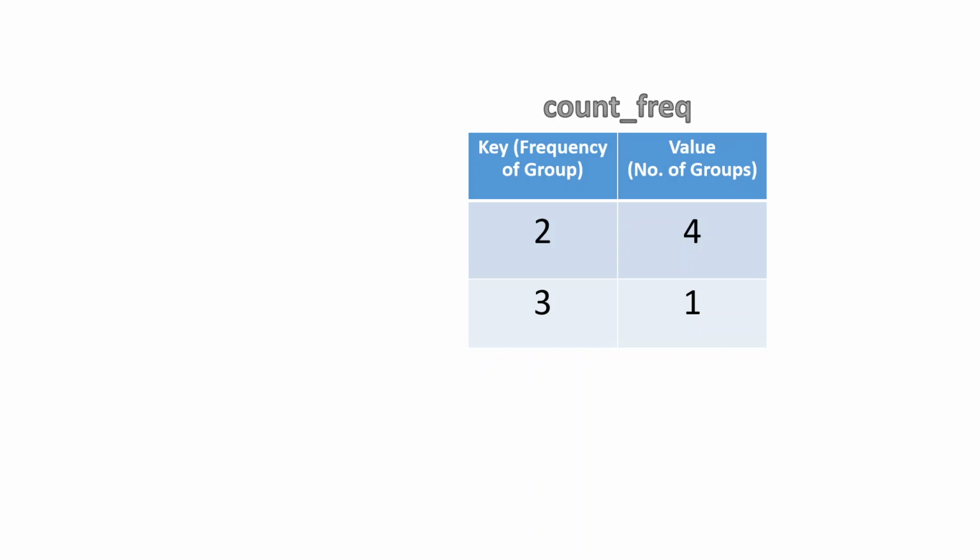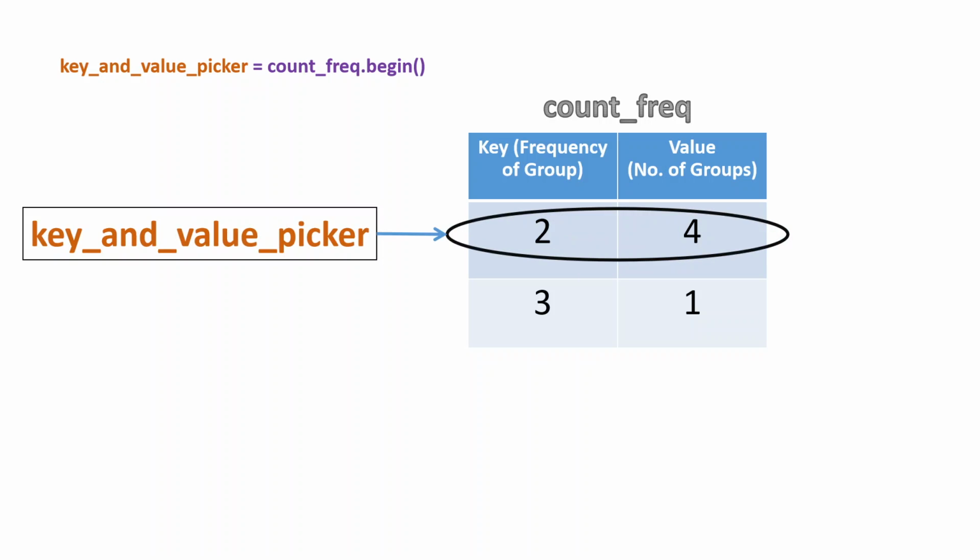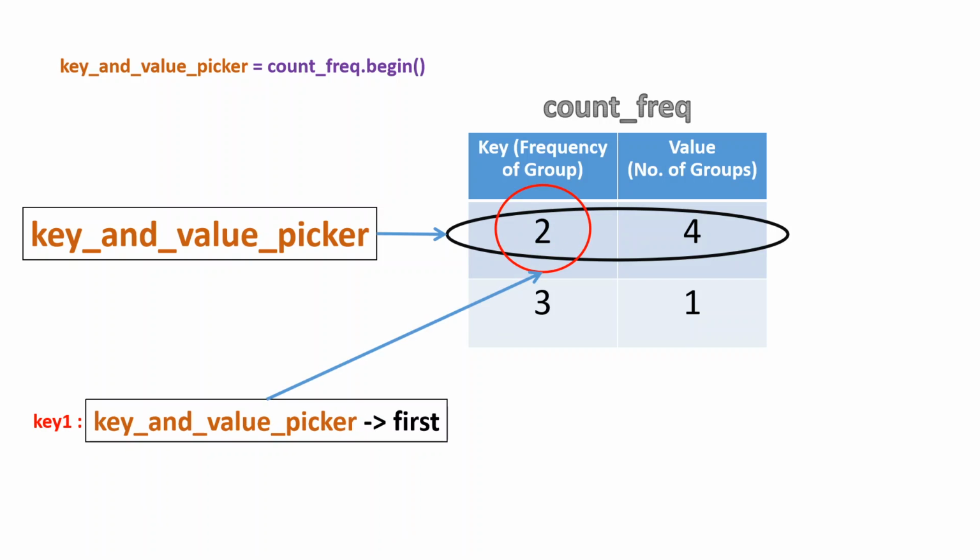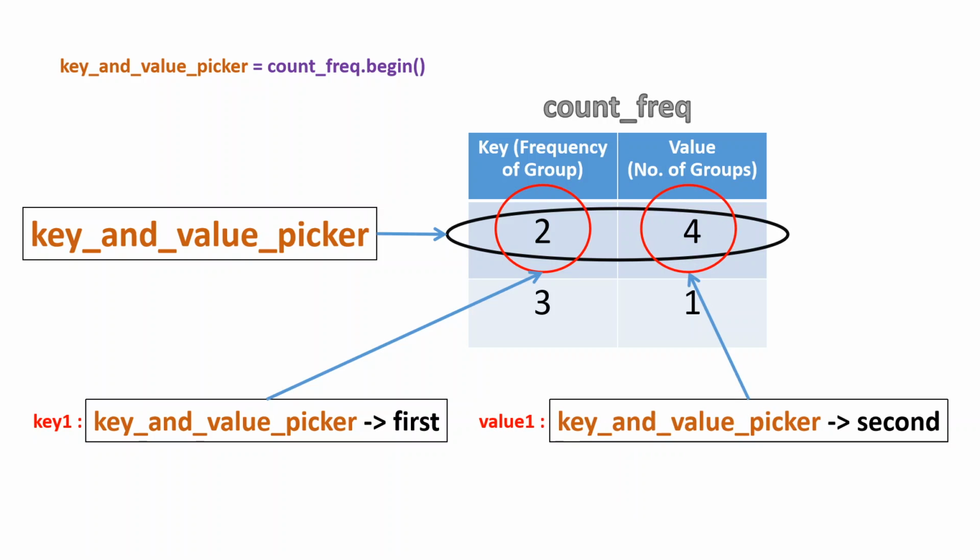But what if the hash map has two elements? Things won't be much different. Over here also, we'll initialize a pointer that will point to the first element of the hash map. Then key 1, the key of the first element, can be accessed by this command, and value 1, the value of the first element, can be accessed by this command.